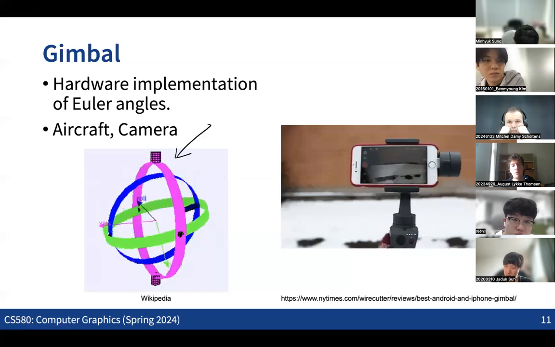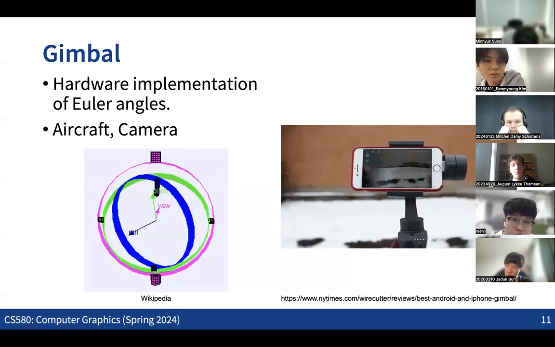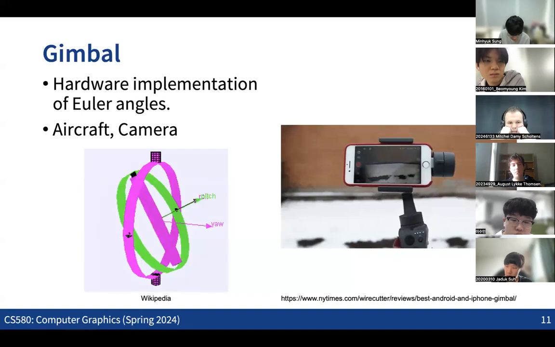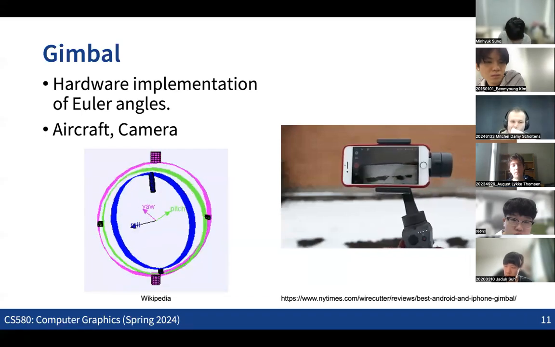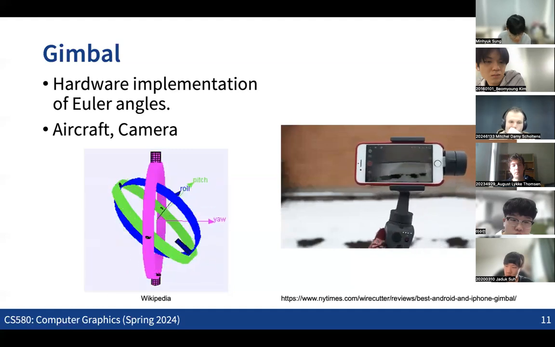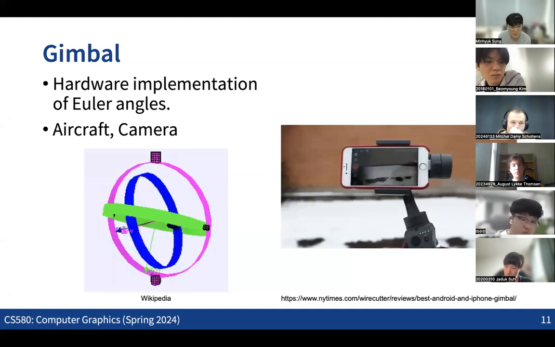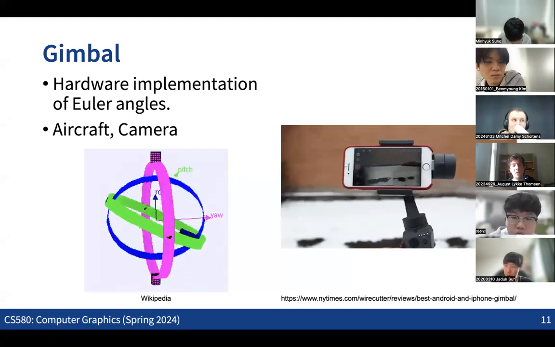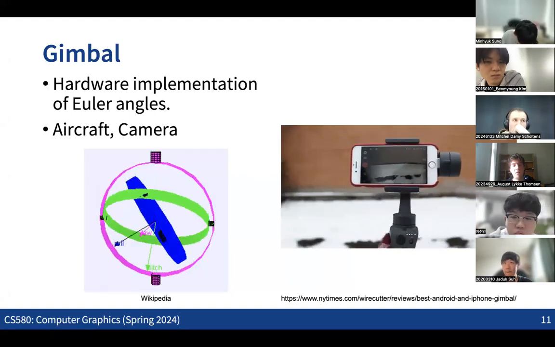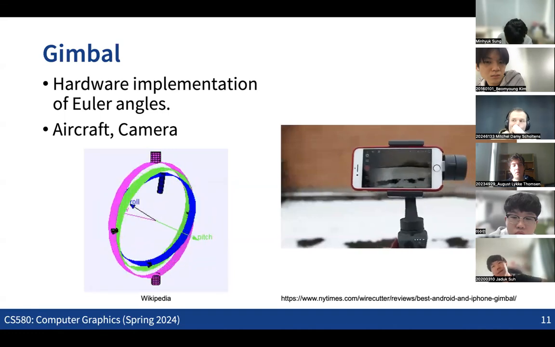As you can see, we have these three rings, and each ring makes a rotation around one of the axes, in a way that we can make any arbitrary 3D rotation. This gimbal can be seen in many hardware devices. It is really a hardware implementation of the Euler angles.